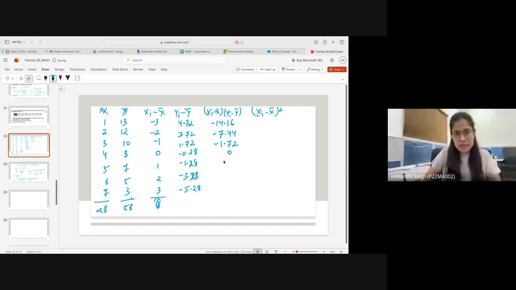It will be 0. Then minus 1.28. 3.28 multiplied by 2 is minus 6.56. 5.28 multiplied by 3, so this is minus 15.84.